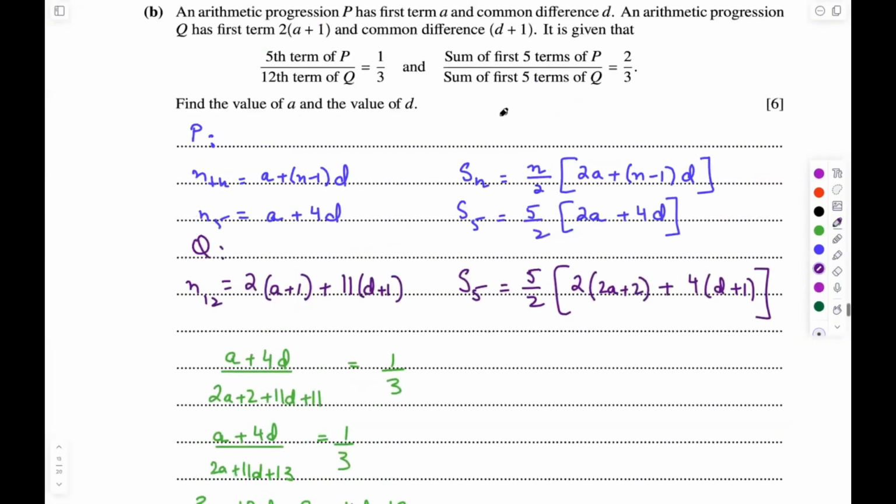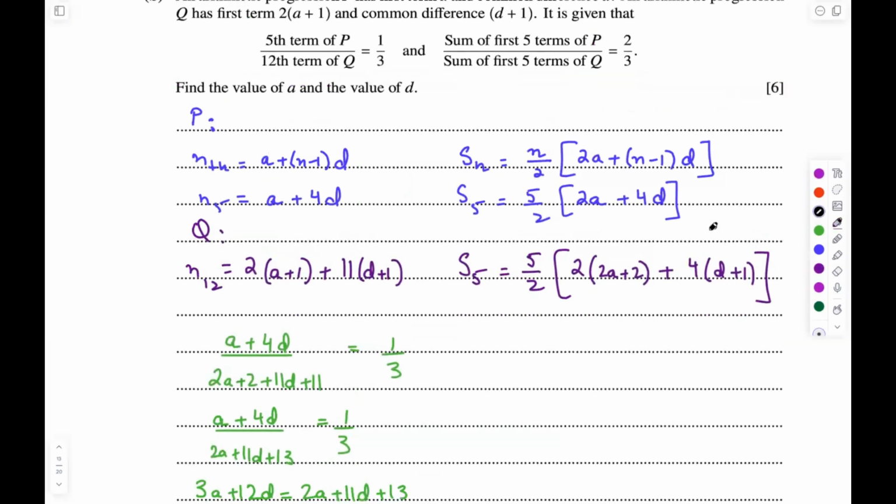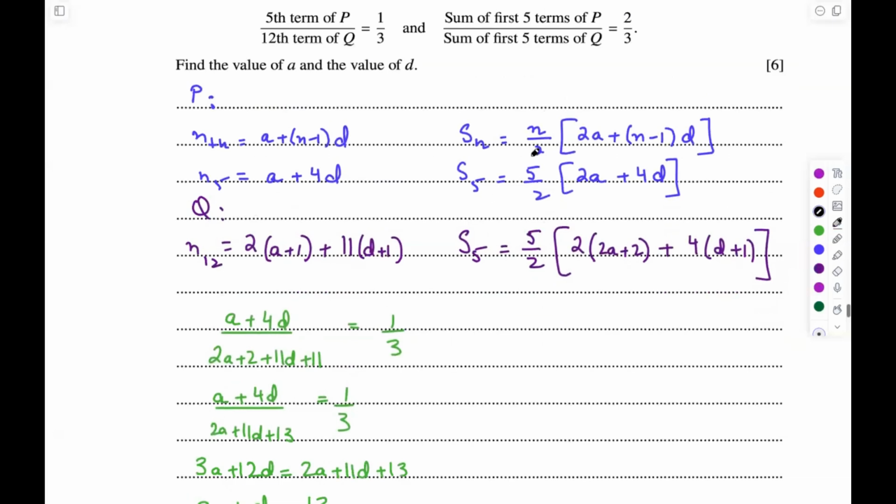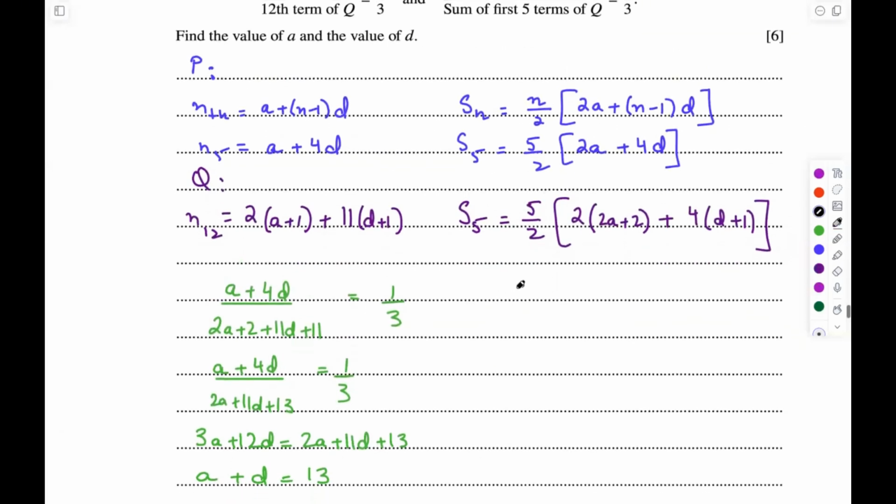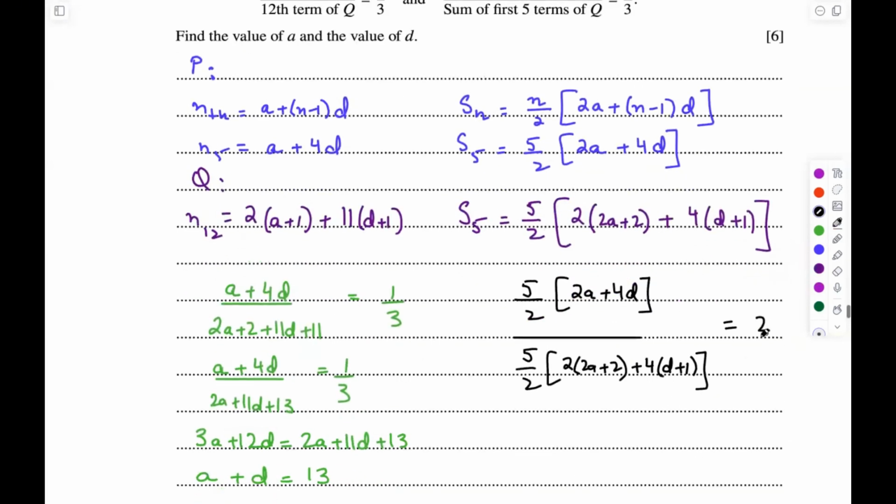For the other expression, it is the sum of first 5 terms of P divided by the sum of first 5 terms of Q. So the sum of the first 5 terms of P was given by 5 upon 2 into 2A plus 4D, and dividing it by the sum of the first 5 terms of Q, that was 5 upon 2 into 2 into 2A plus 2 plus 4 into D plus 1, and that is equal to 2 upon 3.